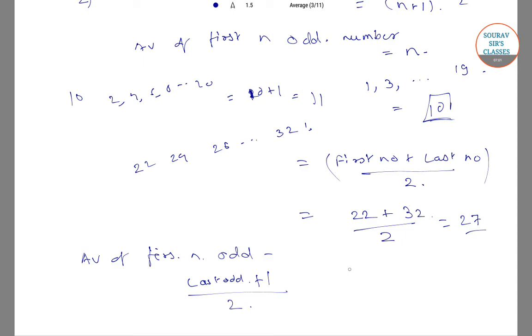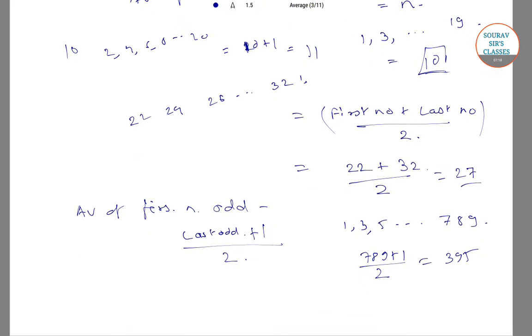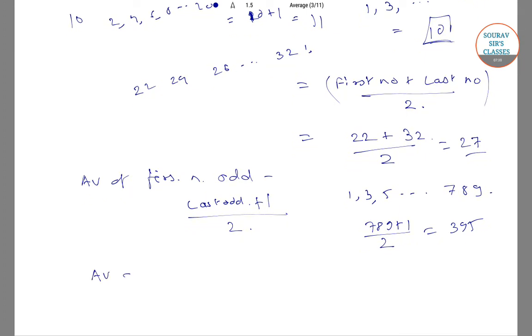So the average of 1, 3, 5, so on till 789 is equal to 789 plus 1 divided by 2, which is equal to 395. Similarly, the average of first n even numbers, we can find by adding 2 to the last even number and then dividing it by 2.